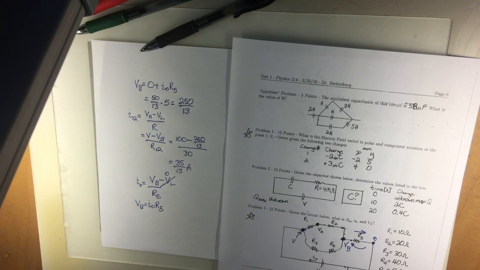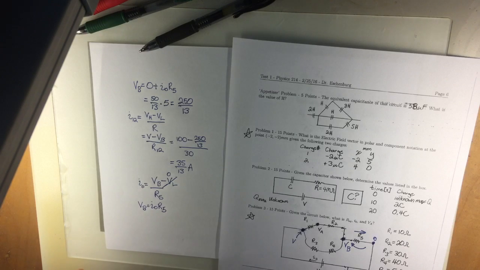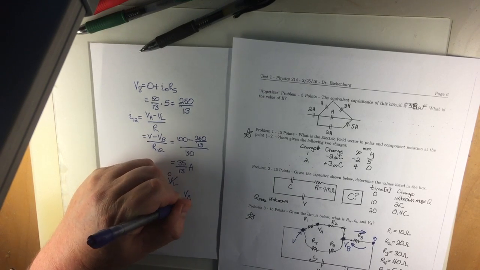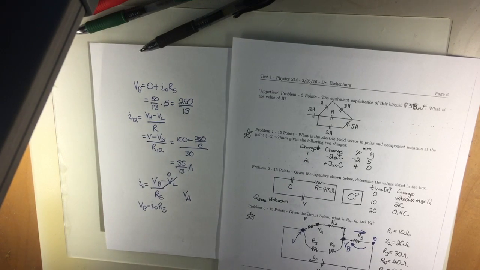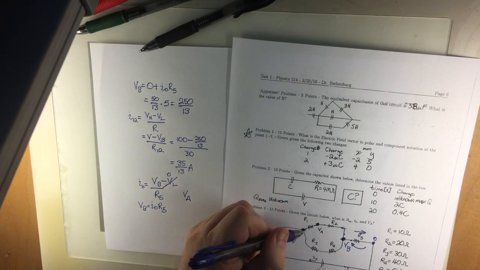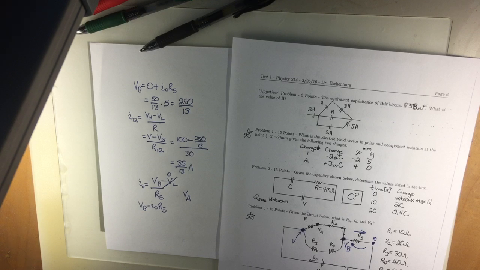We now have I12. We have the current flowing through resistor 1 and resistor 2. To get VA, now I know the resistor value, I know the high value, the low value I'm looking for, the current through R1 is now known.